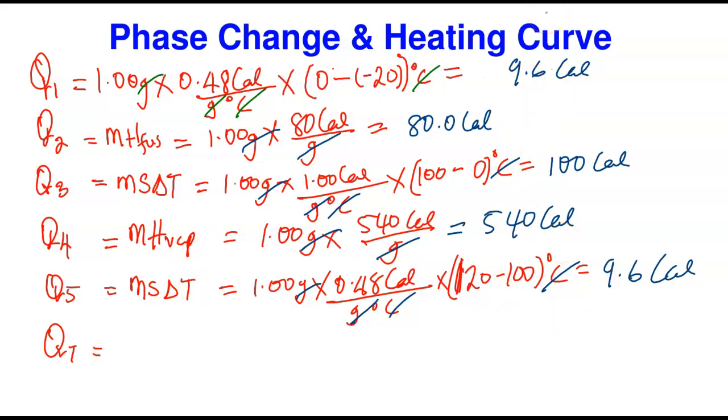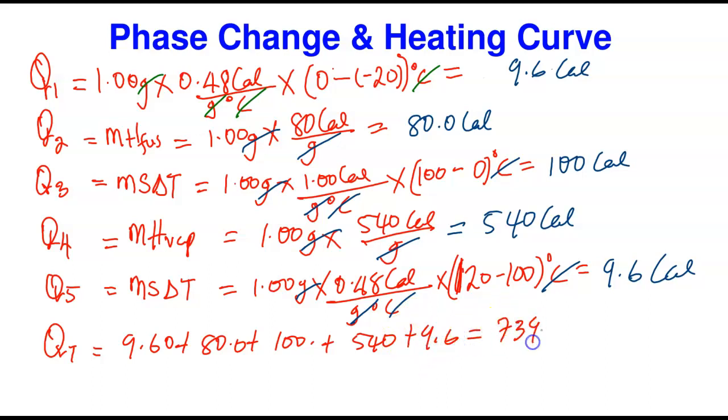So if you add everything, it's going to be 9.6 plus 80.0 plus 100 plus 540 plus 9.6, and this will give you 739.2 calories.